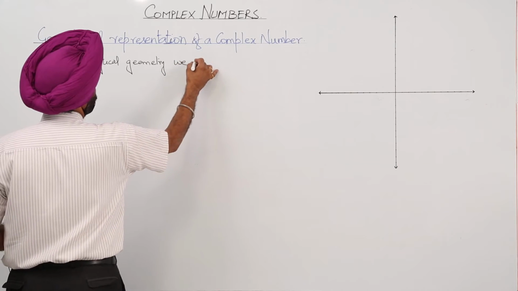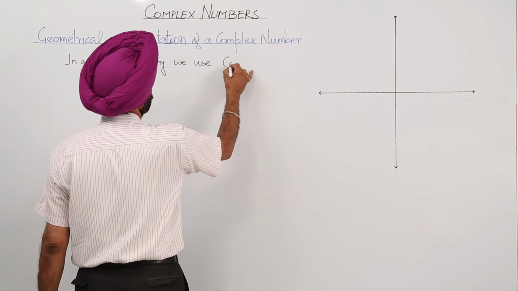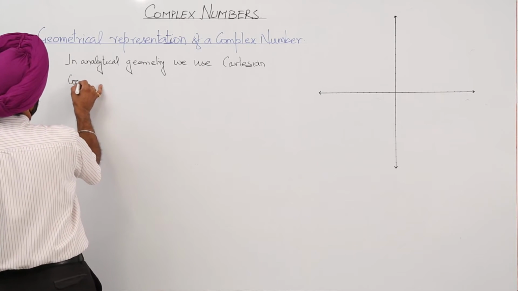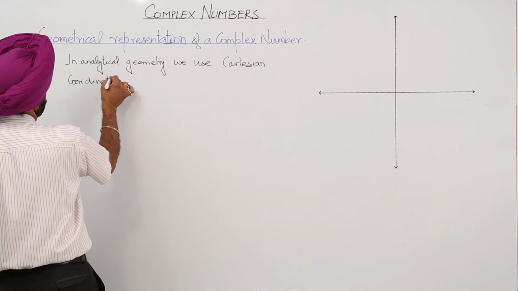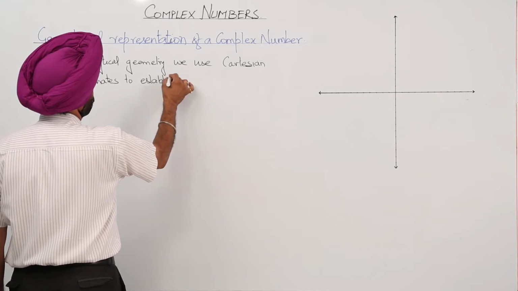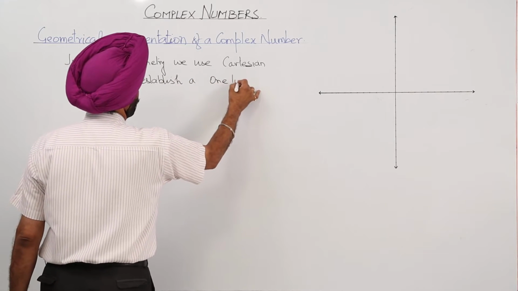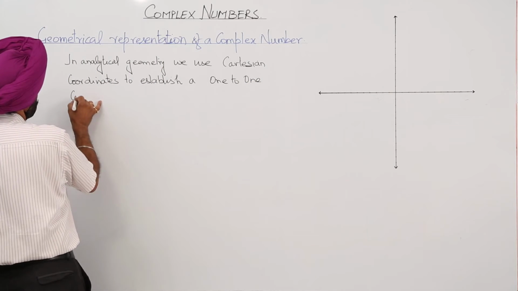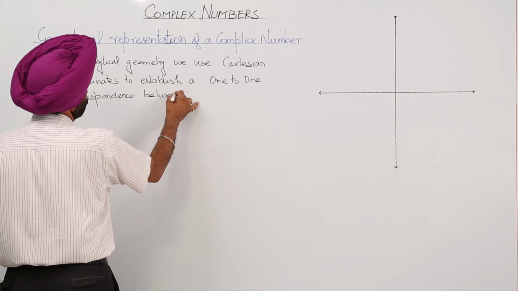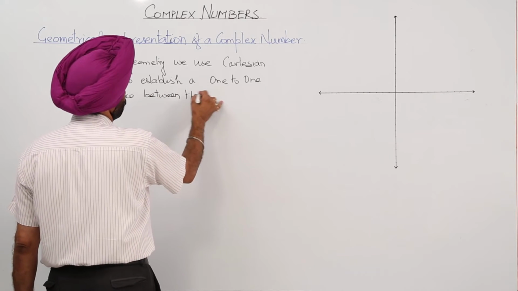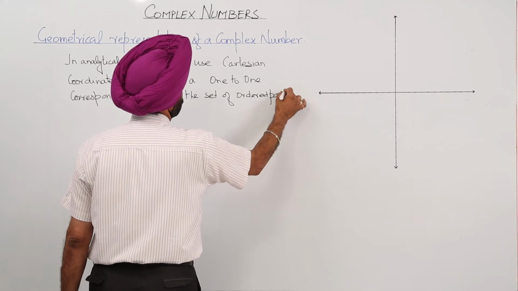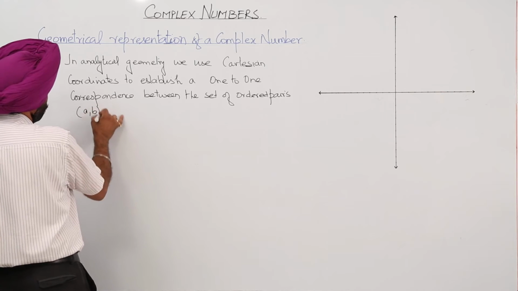we use Cartesian coordinates to establish a one-to-one correspondence between the set of ordered pairs, and let the ordered pairs be A comma B. Okay.